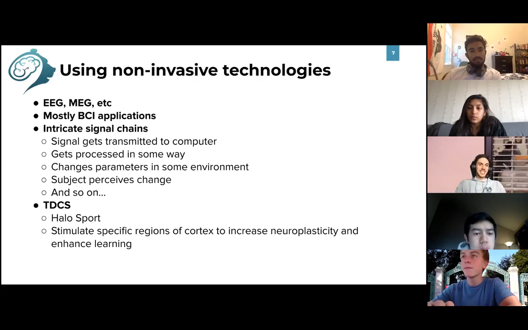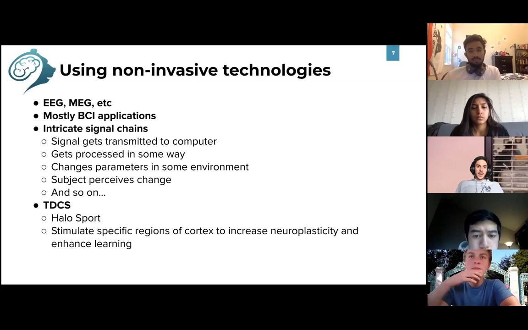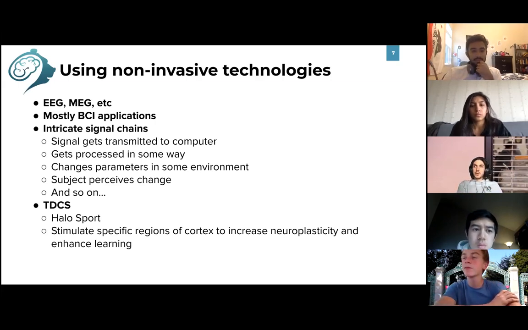For instance, that's what all of these machine learning techniques and ICA, which is independent component analysis, and PCA are trying to do. Basically identify components of brain activity and somehow use these components, use these signals, in order to give some feedback to the user.